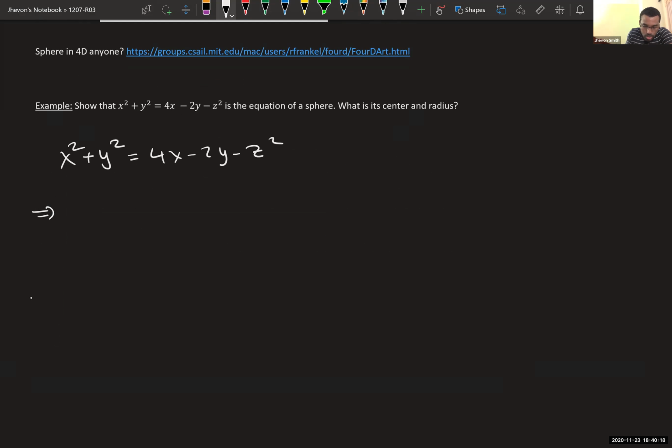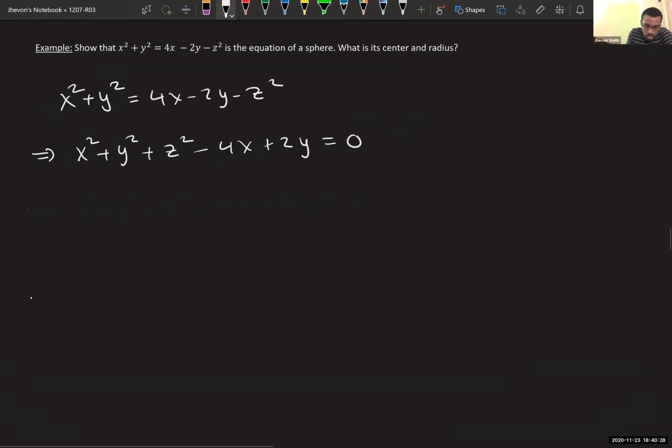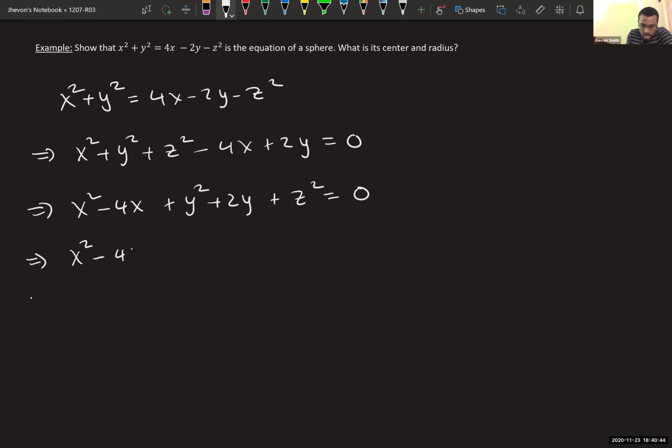So what you would do is move everything to one side. You would group the x's, group the y's, group the z's. You would add and subtract.